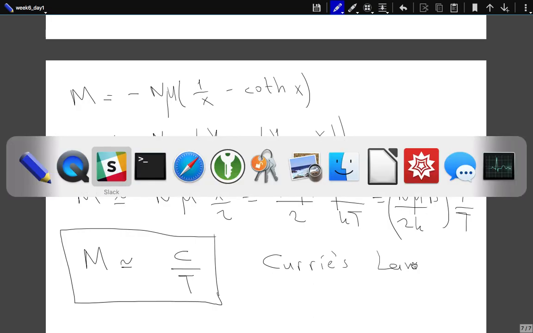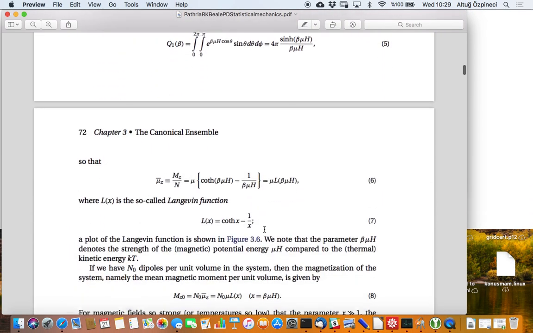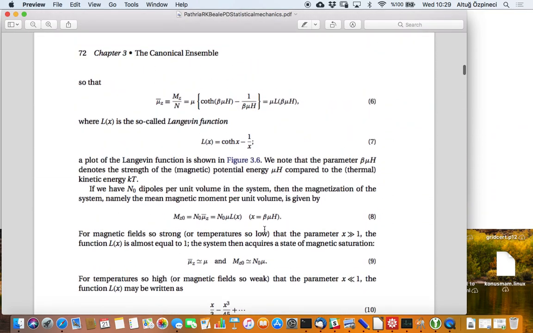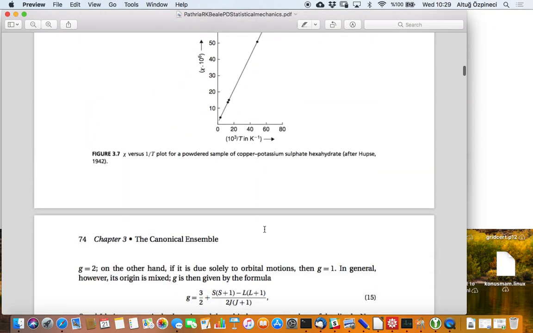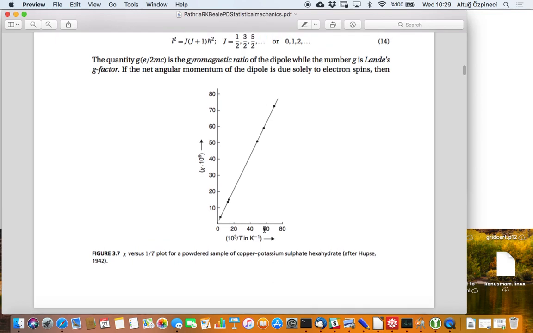In your book, there are the experimental results of plots of this mu times b.